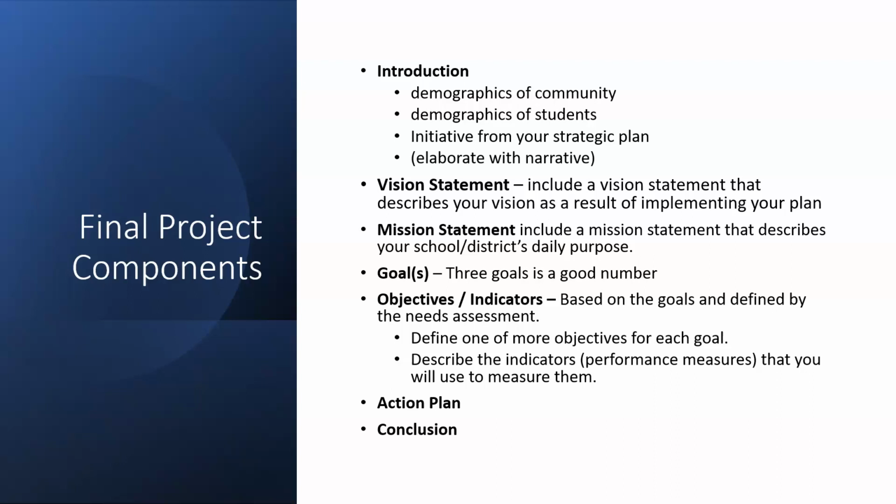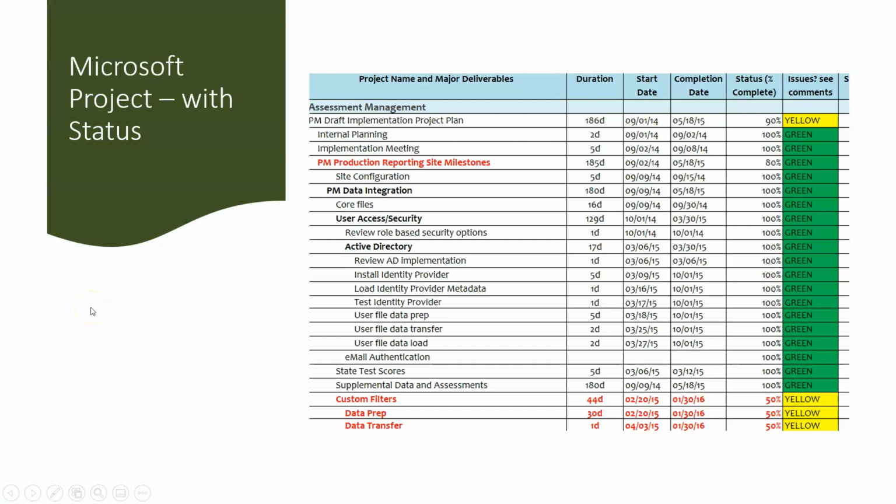You'll use some objectives and define your indicators and then have an action plan. This is an example of the action plan presented in Excel format. You could either be using Excel, Microsoft Project, or Smartsheet, or any number of project management tools. I'm suggesting Excel here because it's more affordable.